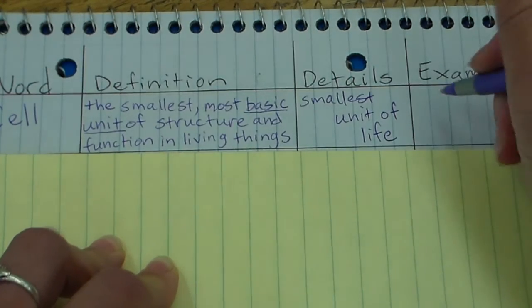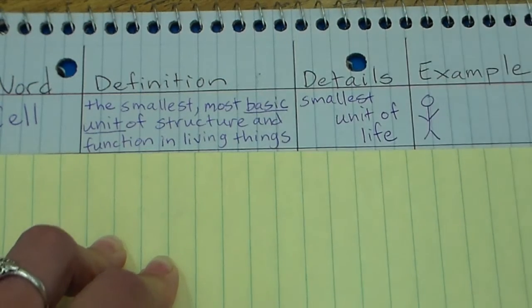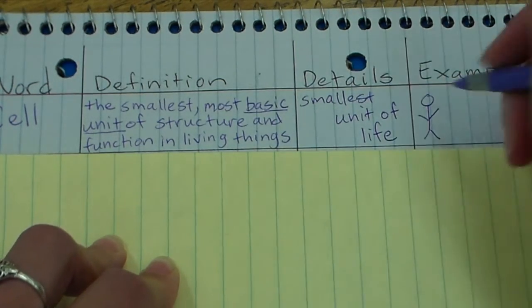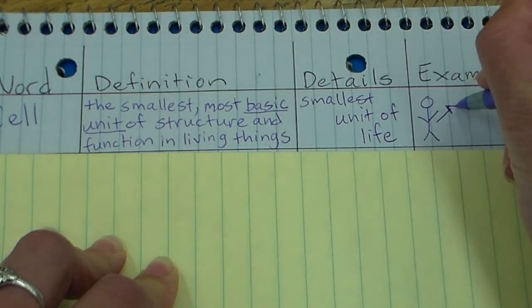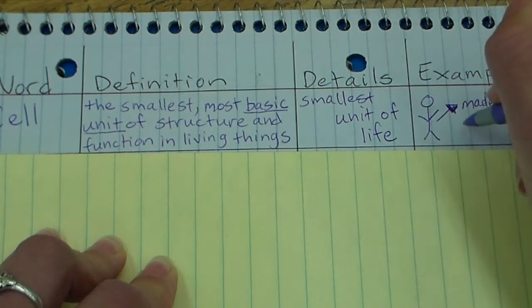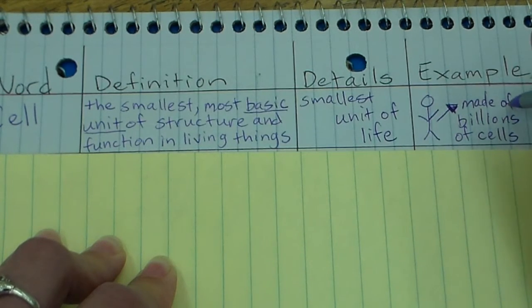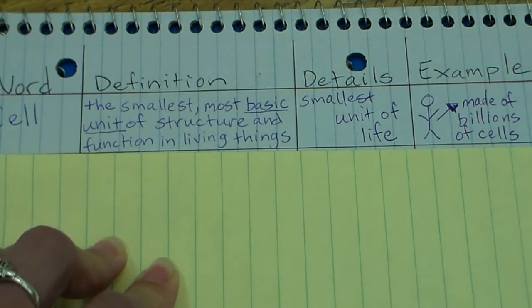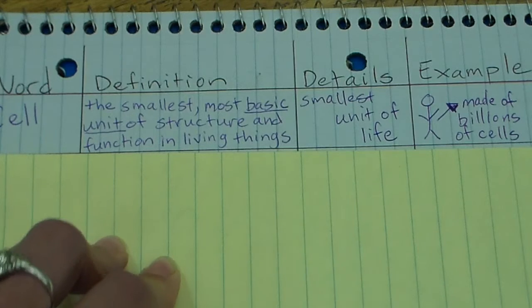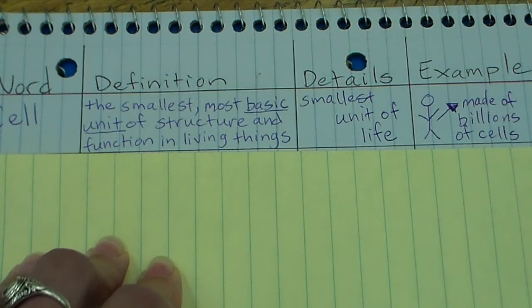For my example here, I'm going to draw my stick figure person of awesomeness, and a little arrow that shows that a person like you and I are made of billions of cells. Our bodies are made possible by groups of cells joining together and working together.